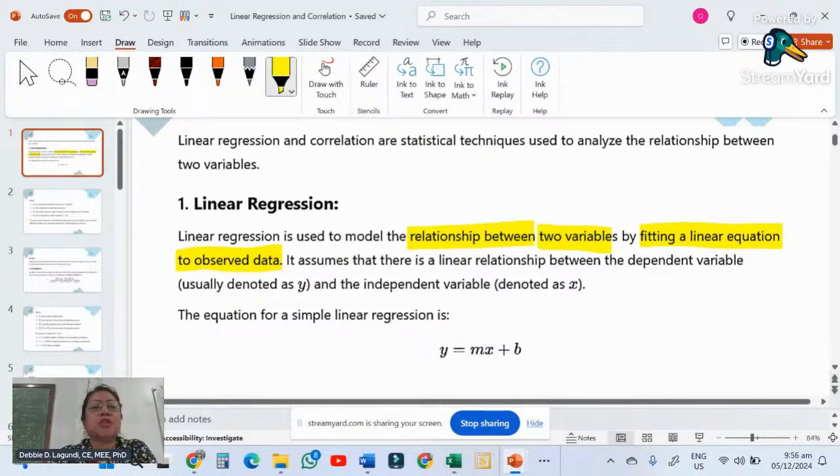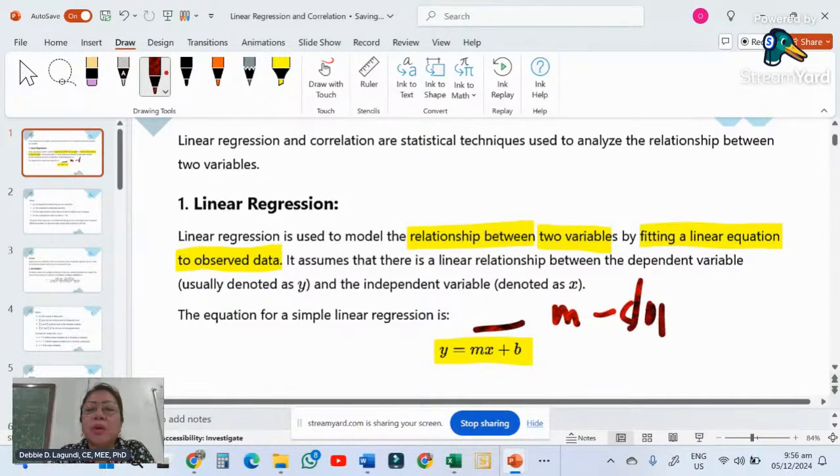For linear regression, it is like a line equation where you have to establish a line of best fit. This is very common in analytic geometry where you have y is equal to mx, and we know that m in here is our slope of the equation, but you're not going to do change of y over change of x.